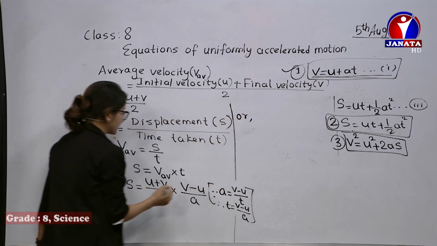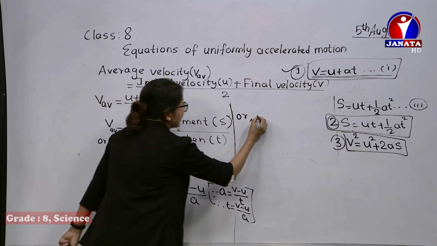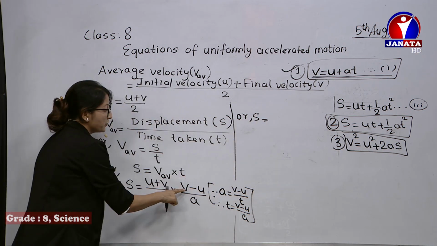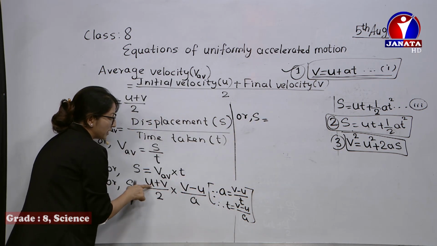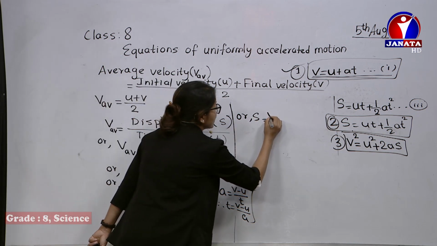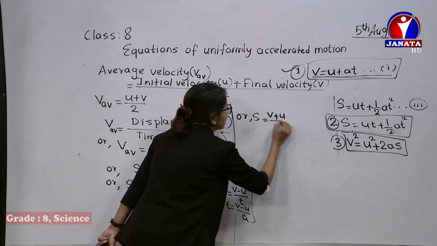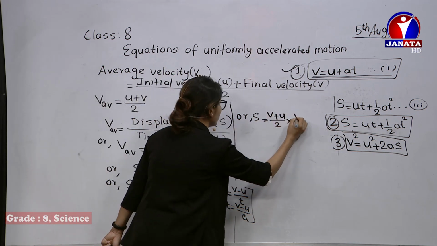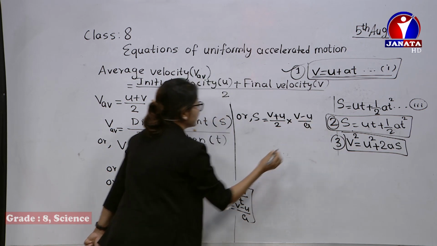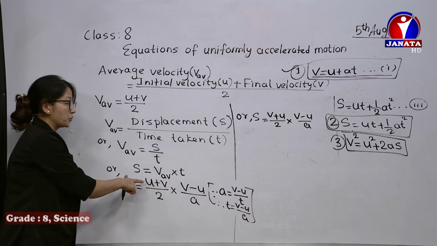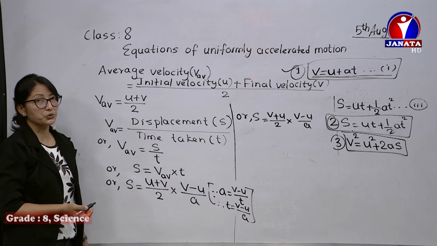Let's move that side. S is as it is, S equals, if it's a minus b, a plus b, or otherwise, to make it clear, let me write it like this: into (v minus u) by a. I have done nothing but simply change the position. u plus v and v plus u is similar.